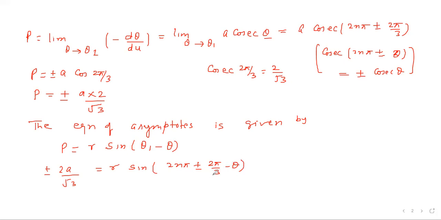And then this is sine, so it will become r sine, then this will remain plus minus 2 pi by 3 minus theta. Here we have applied the formula sine of 2n pi plus minus x gives sine x.